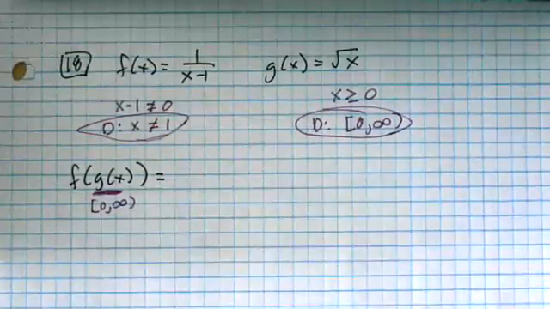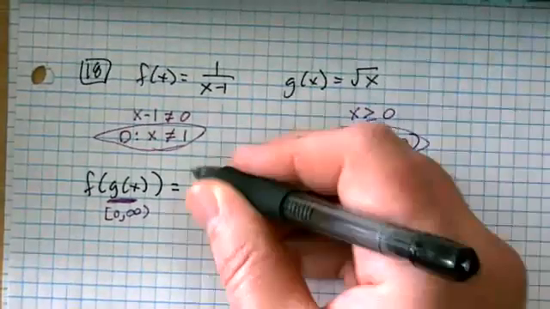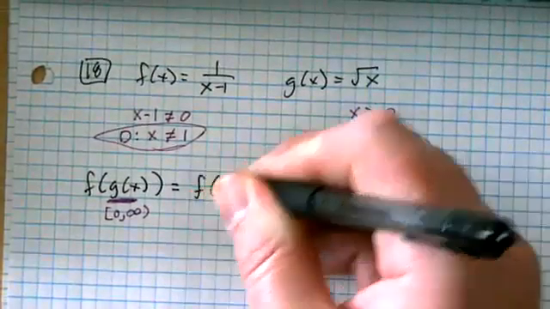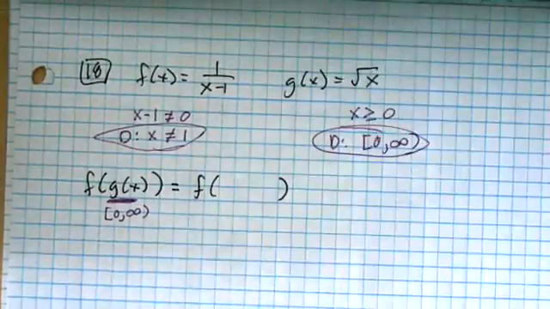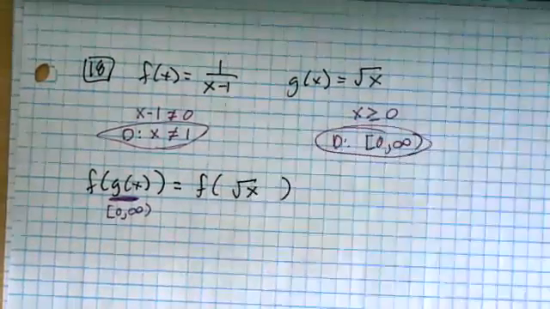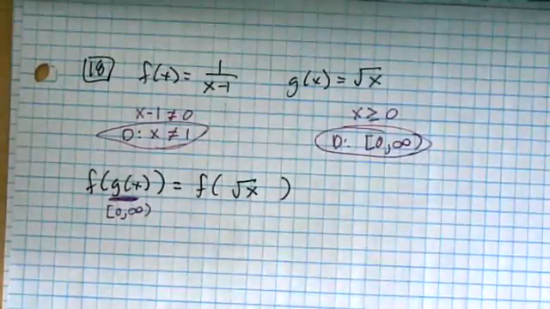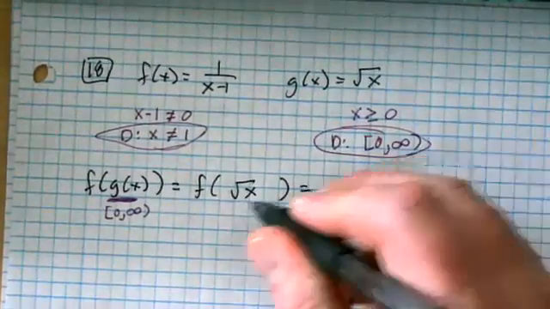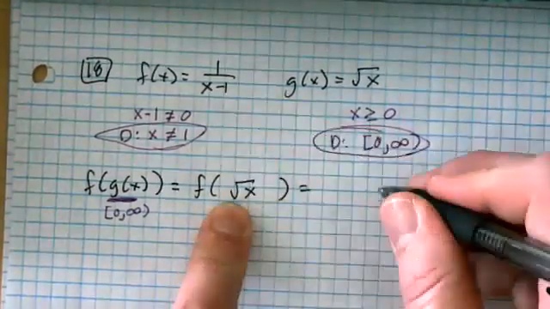All right, now let's go ahead and write out what f of g of x is. So I'll start by substituting whatever I can. I can substitute something in place of g of x. G of x is equal to the square root of x. And then I'll go ahead and take that square root of x and plug it back into my f function.